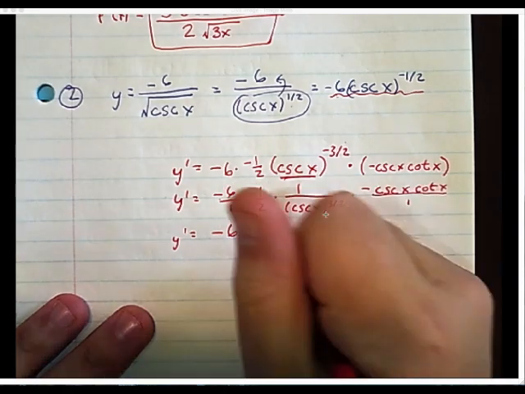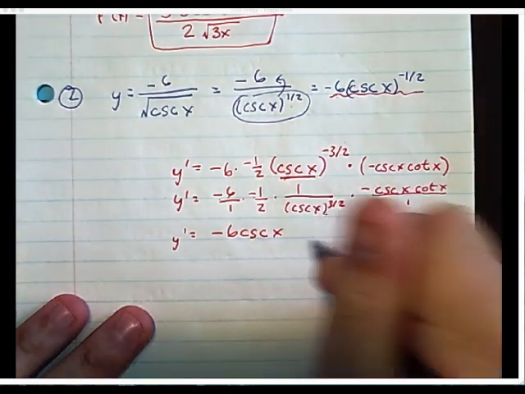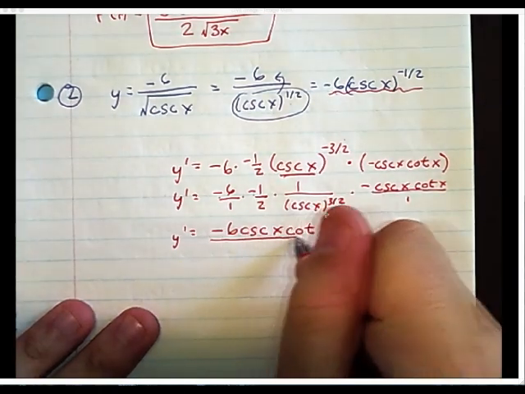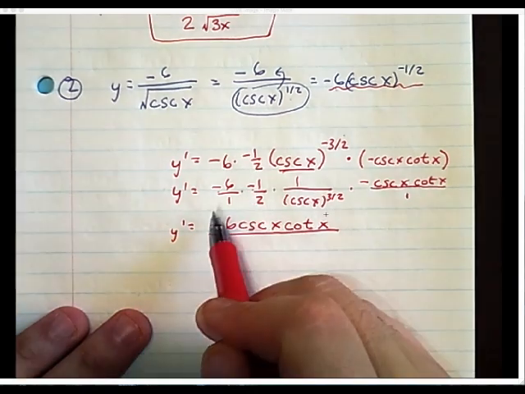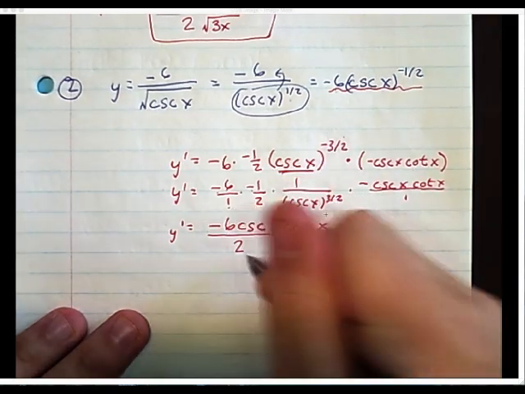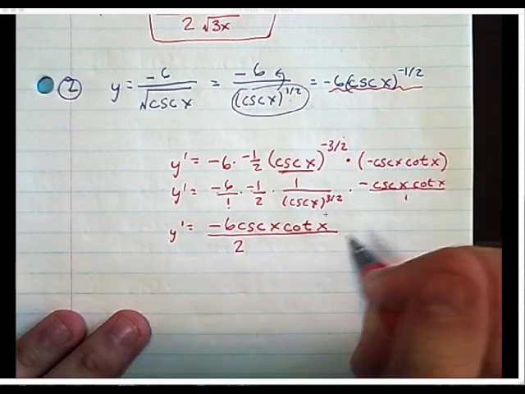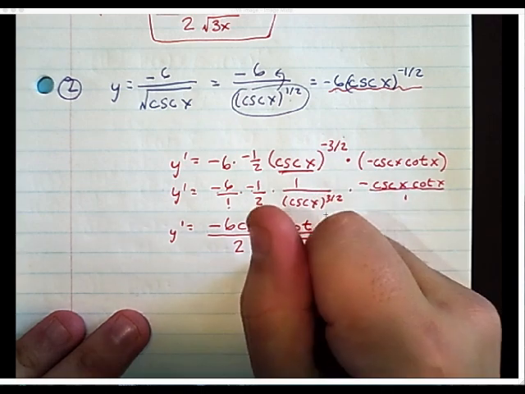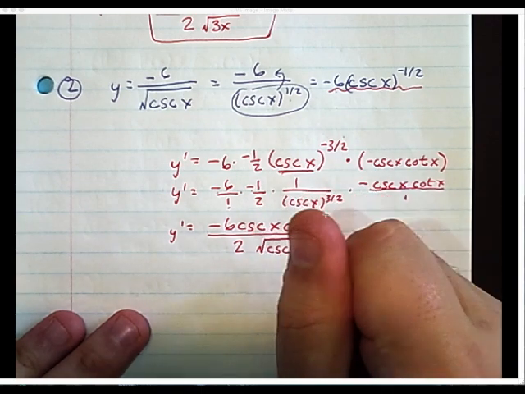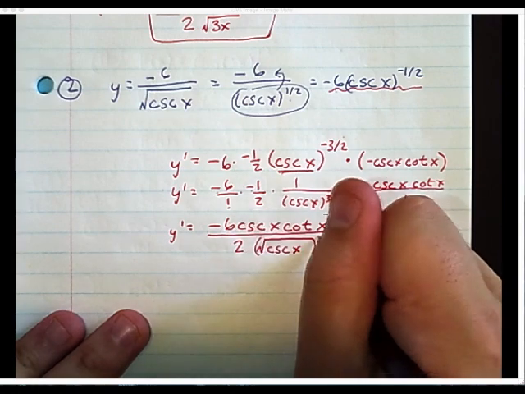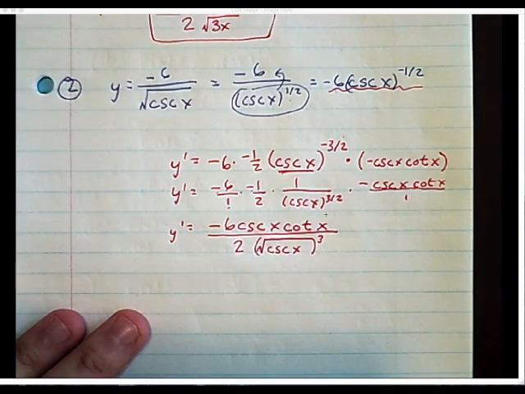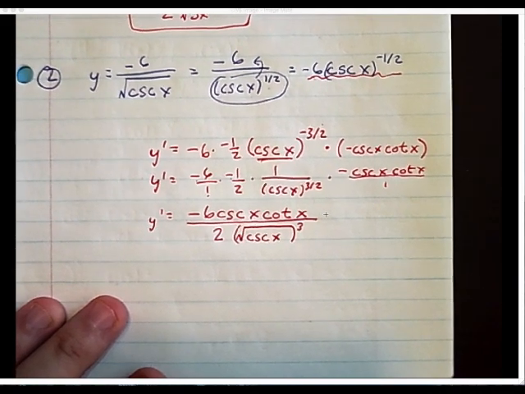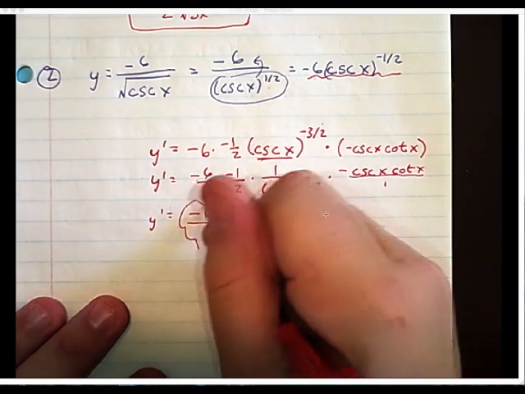So I have negative 6 cosecant of x, cotangent of x, over 1 times 2 times 1 is 2, and I can rewrite this as square root of cosecant of x to the third power. Okay, so that's one way you could write the answer.